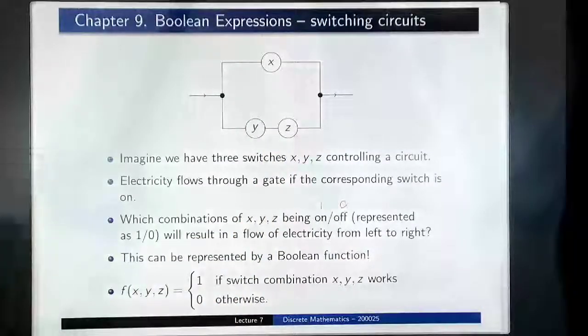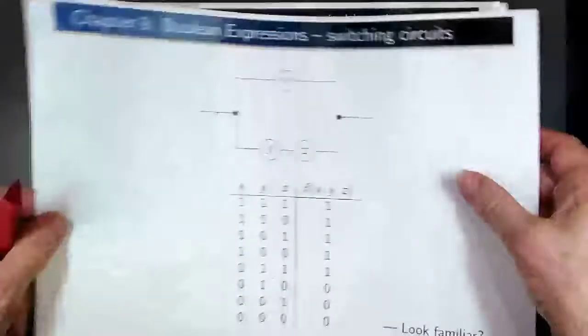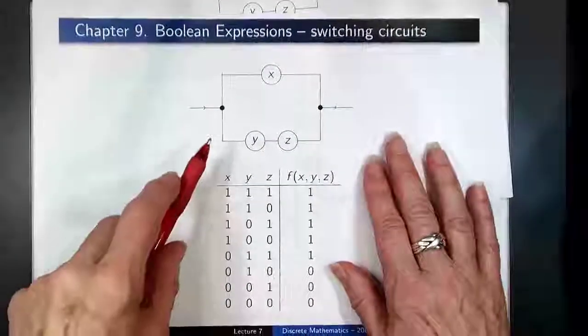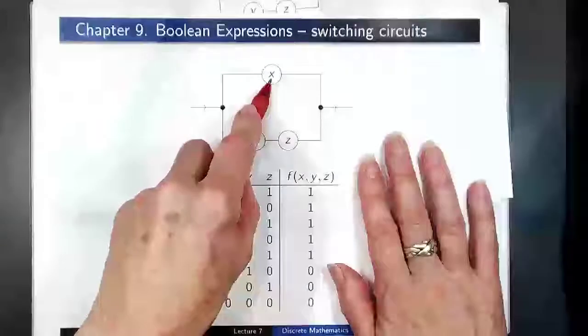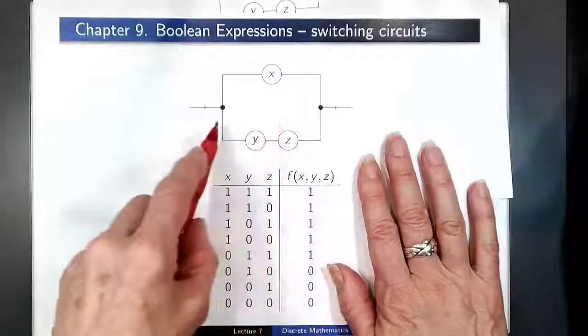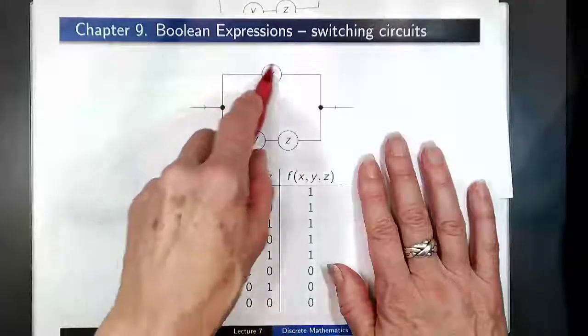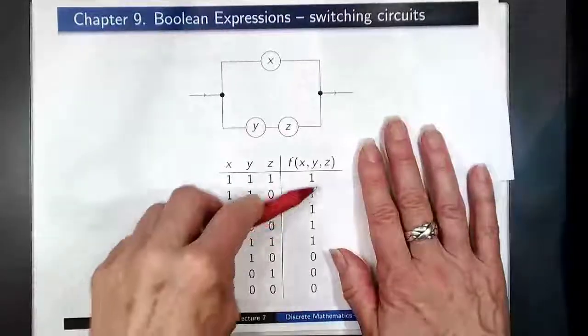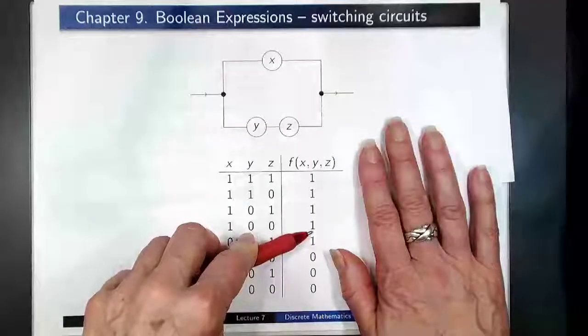Okay, so here's our picture, and we've got a table here which describes what happens. So if X is on, doesn't matter what's here, the current can flow via that way. If you don't like the idea of current, think of water. You'll get flow there. So as long as X is 1, we're going to get current flowing. It doesn't matter what the others are.